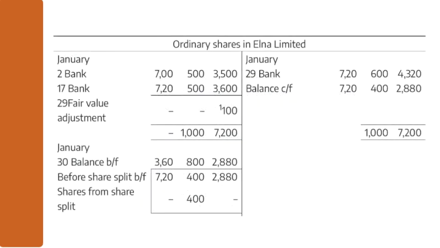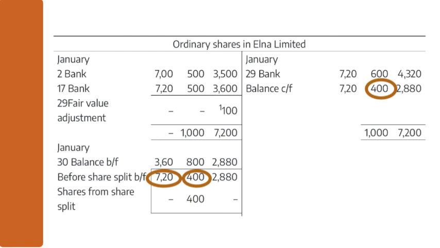If we have a look at the T account, the investment in the ordinary shares of Alna Limited, we acquired 500 shares, then we acquired another 500 shares, and then we sold 600 shares. So on the day that the share split took place, we had a balance of 400 shares. Those shares had a value of R7.20.